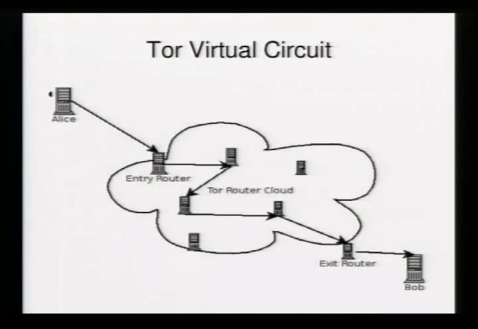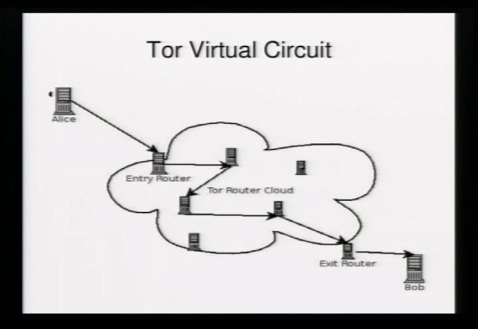So visually, Alice wishes to talk to a server that Bob is running. Alice will make a connection to an entry router into the Tor network. And once the connection goes into the established state, and only after the entry point connection goes into the established state, will a virtual circuit actually be constructed.